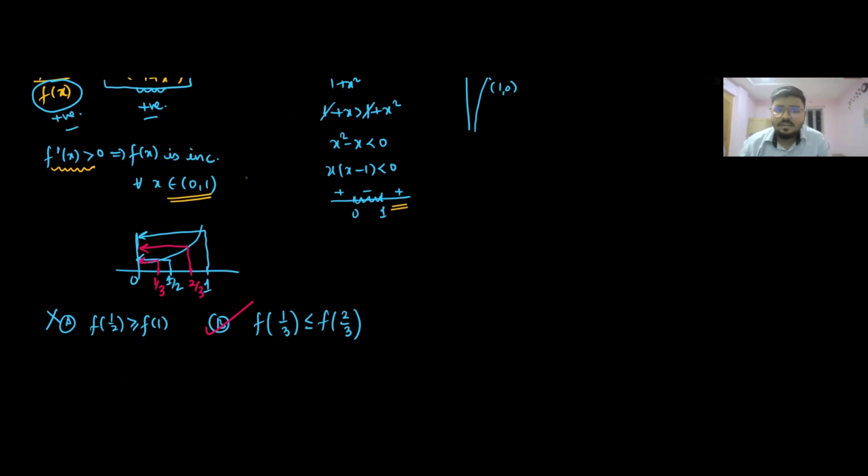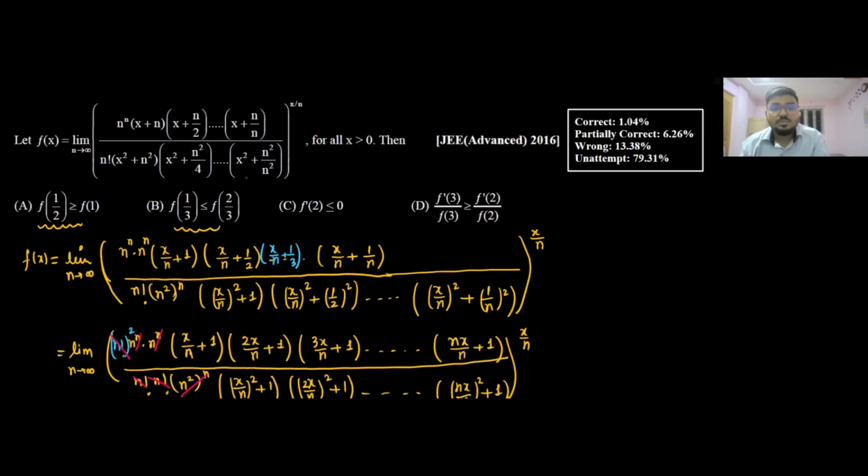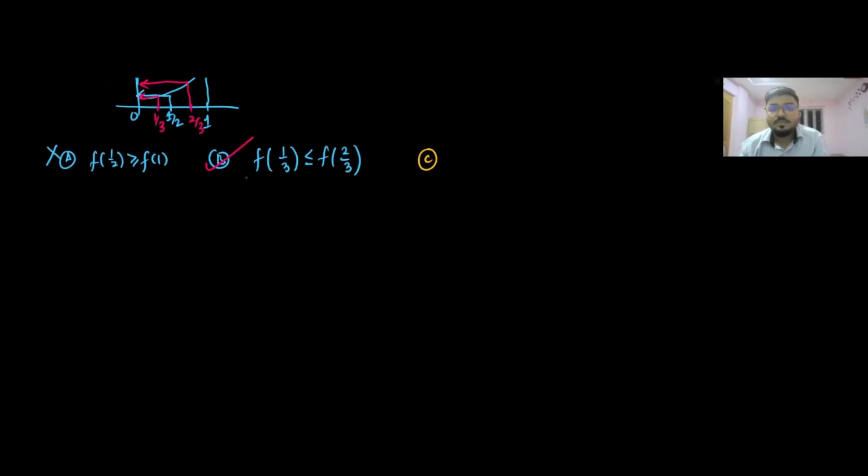Already you have seen that for x greater than 1, f dash will be negative. So f dash x is negative for all x greater than 1. In the third option, they have given f dash 2 is less than or equal to 0, which is absolutely correct.